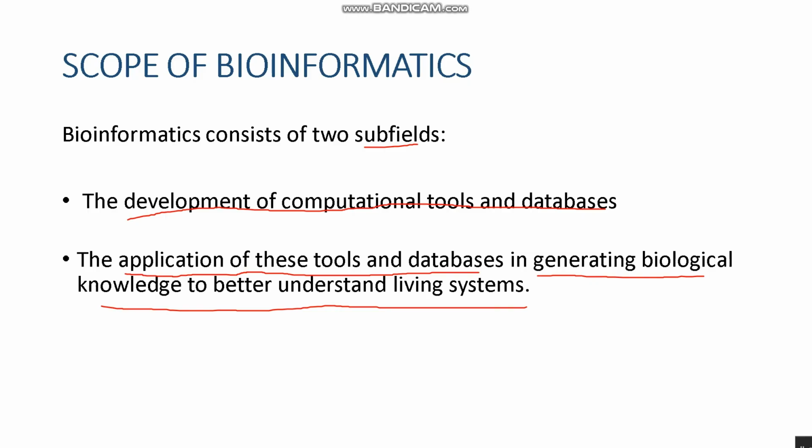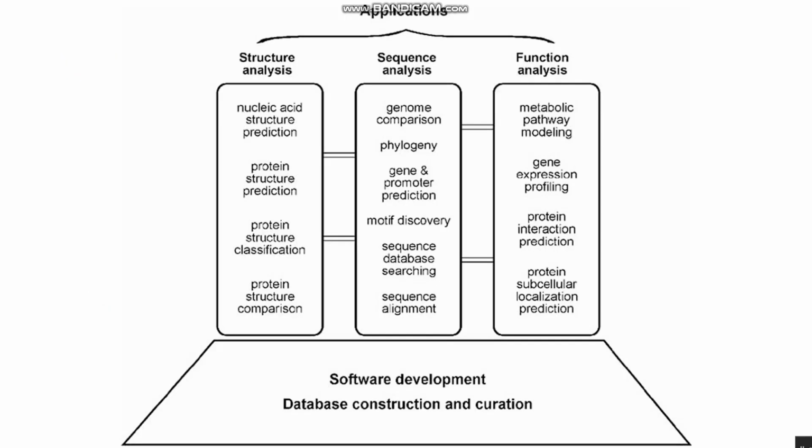So it is the scope of bioinformatics, like the applications. First the structural analysis, the second is sequence analysis, and the third is functional analysis. In structural analysis, nucleic acid structure predictions, like DNA structure and RNA structure, and protein structures are predicted using the structural analysis of bioinformatics.